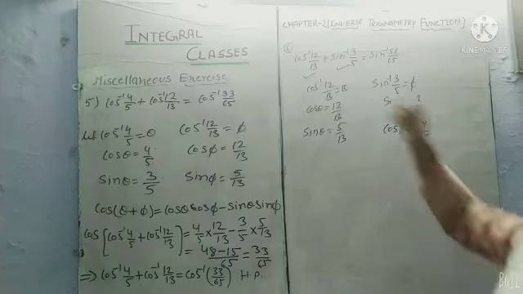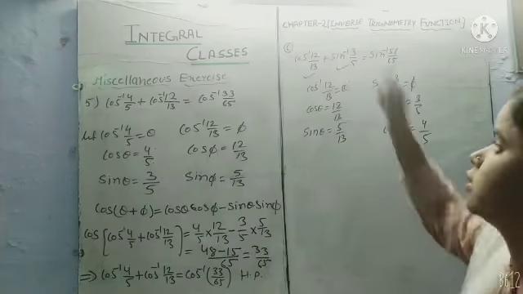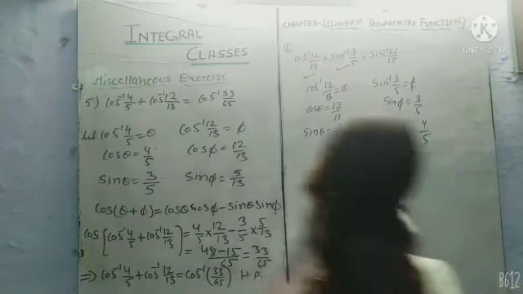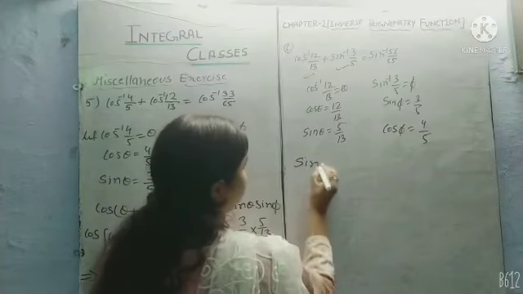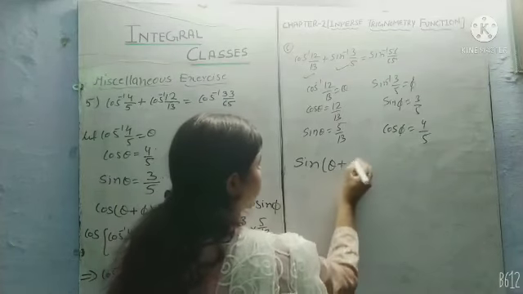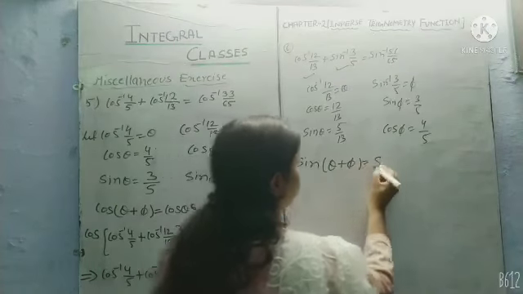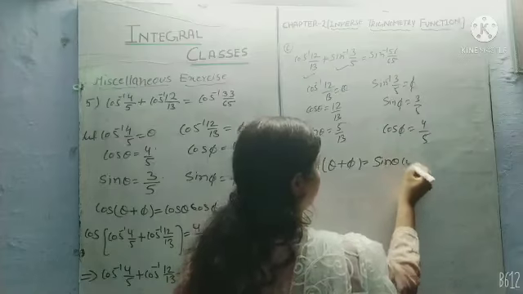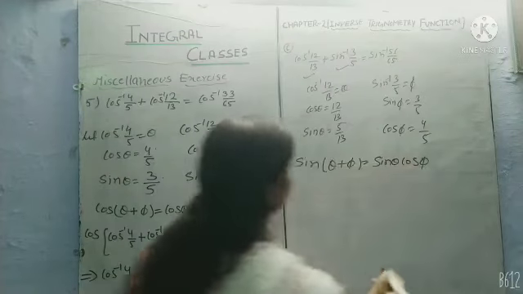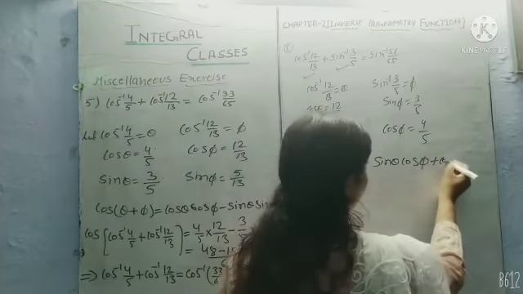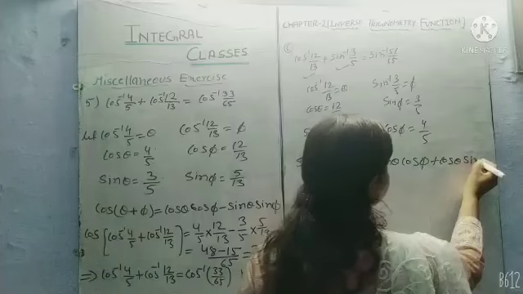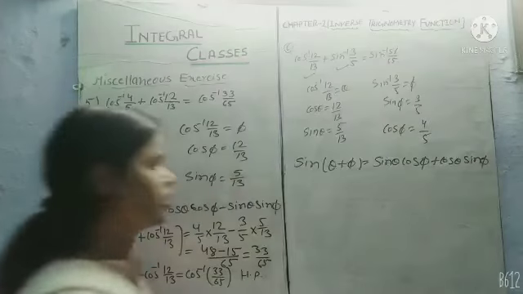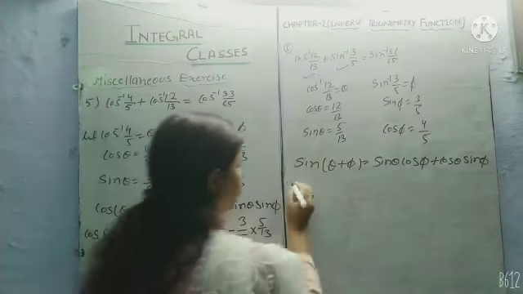So student, as we observe here, one term is cos and one term is sin. So here we will apply here the formula sin theta plus phi equal to sin theta cos phi plus cos theta sin phi. Now similarly we will put all the values here.